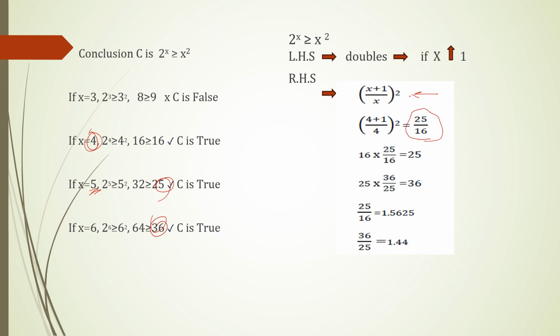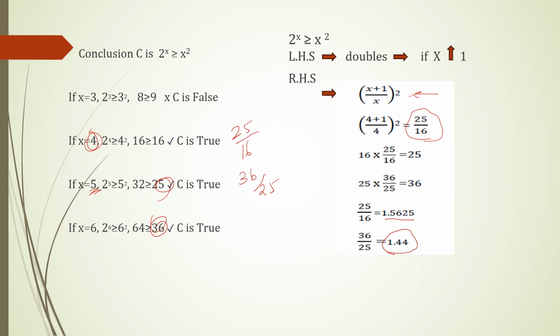For x is equal to 4, you get 25 by 16 and so on. This is the greatest value, which is 1.5625. After that, in each step, as x increases, this value keeps decreasing. Here it is going to be 36 by 25 and so on.